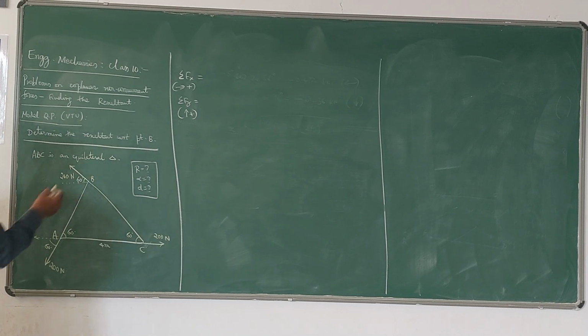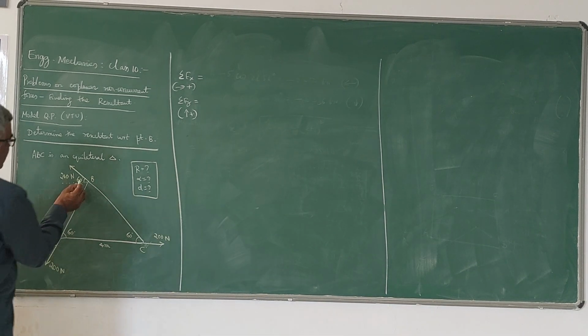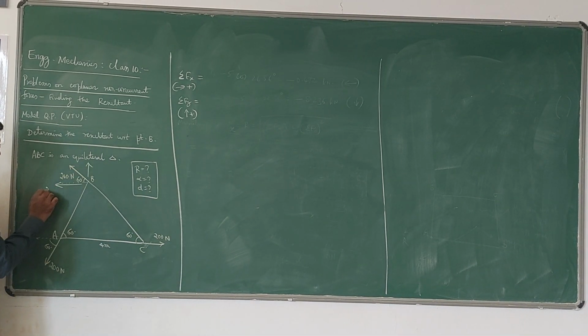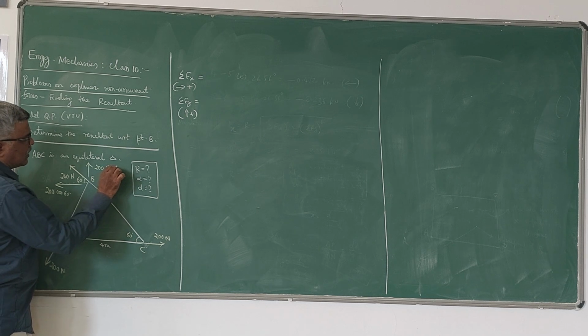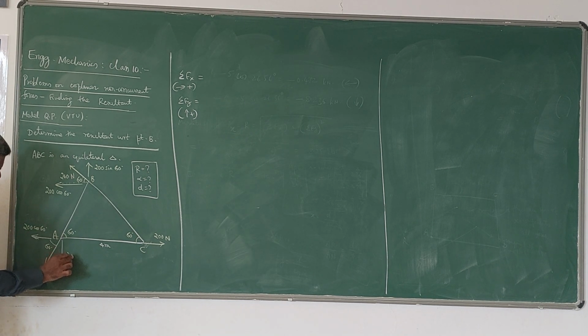If you resolve this, naturally the resolution will be like this. You have the horizontal component towards left, vertical component upwards, 200 cos 60 and 200 sin 60. Coming to this, this is the horizontal component, this is the vertical component, 200 cos 60, 200 sin 60.